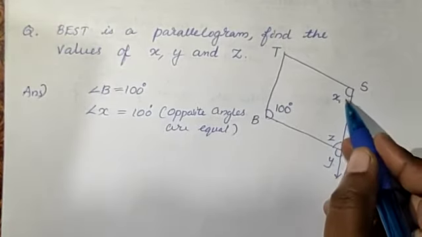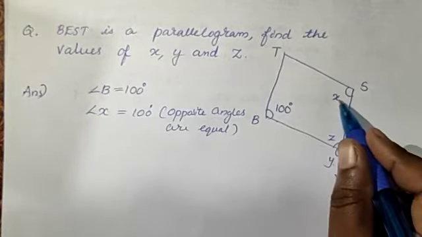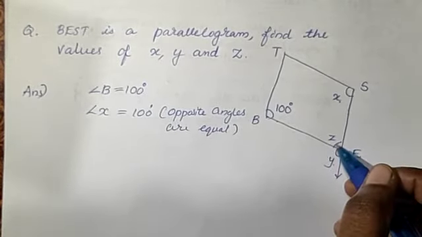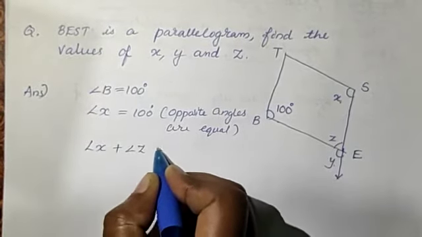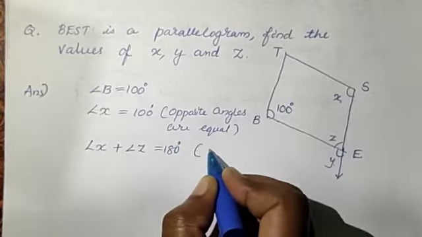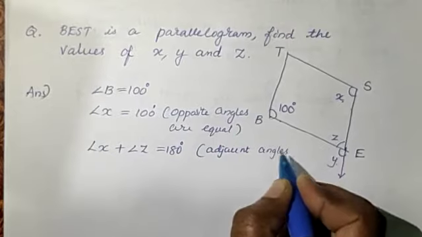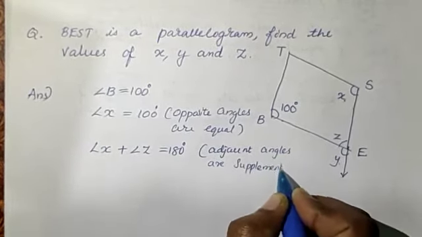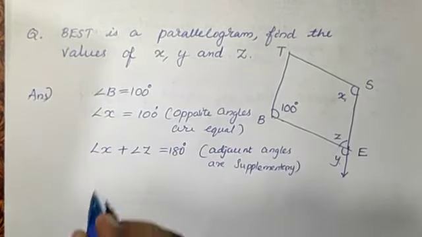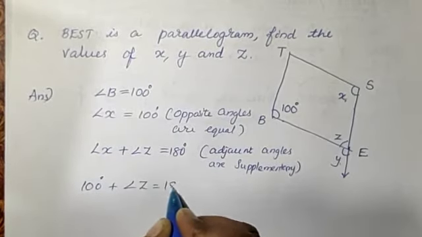See here, angle Z and angle X are adjacent angles. We know the adjacent angles are supplementary. That means angle X plus angle Z is 180 degrees, because adjacent angles are supplementary. We know angle X is 100 degrees, plus angle Z is equal to 180 degrees.